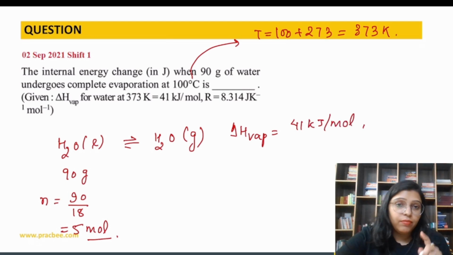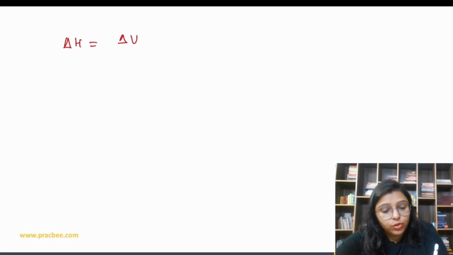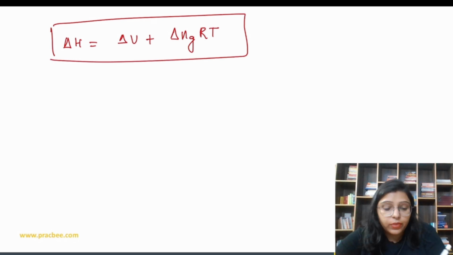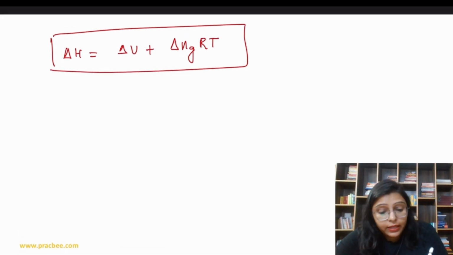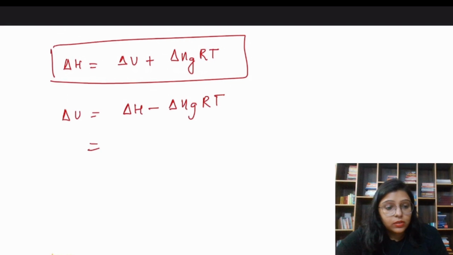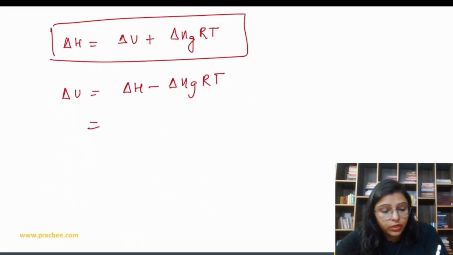So see, we have one more formula which can relate delta H and delta U: delta H is equal to delta U plus delta NgRT. So delta U is delta H minus delta NgRT. Delta H is 41 kilojoule, so it means 41 into 10 to the power 3 joules.